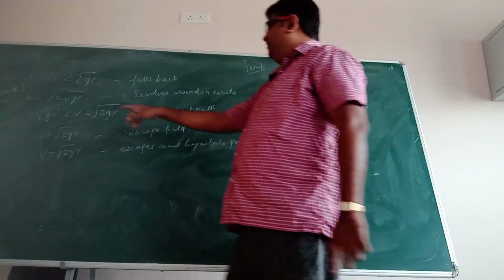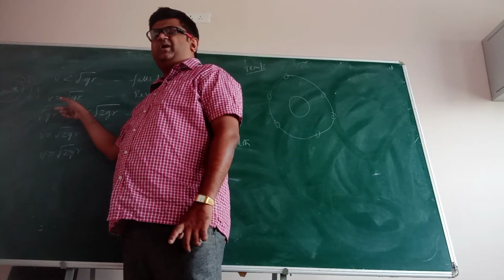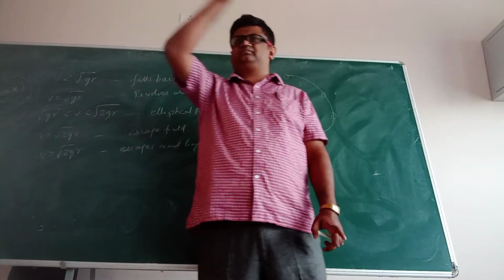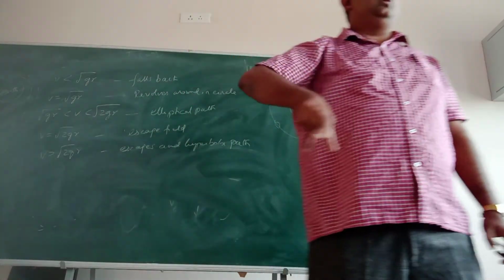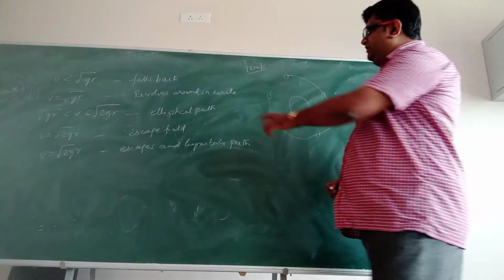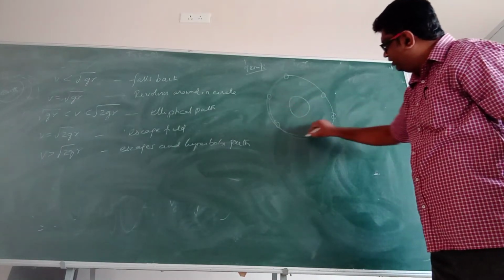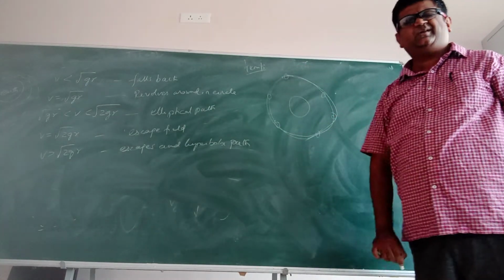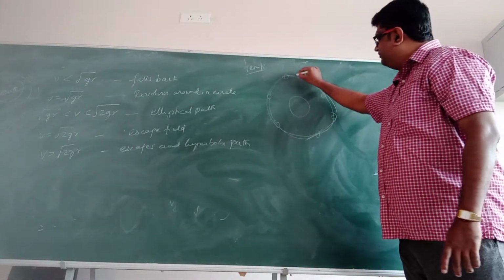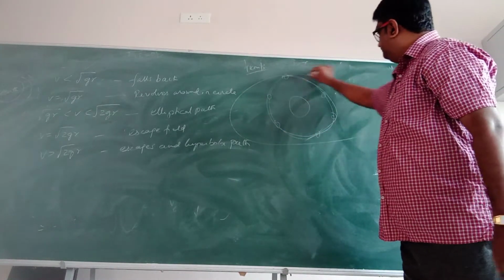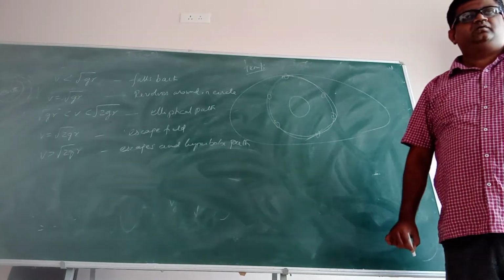See, when this speed is exactly matching with the orbital speed, the satellite goes in a circular path. When the speed is exactly this orbital speed, it is a circular path. Clear? Suppose the velocity is more than this speed, it will go like an egg.